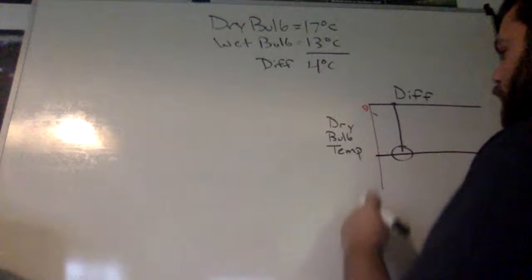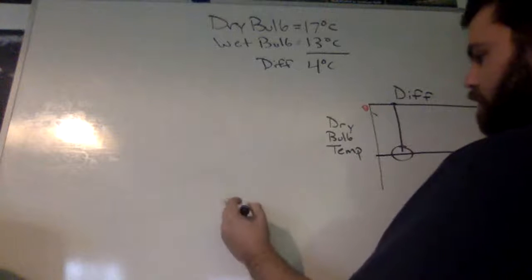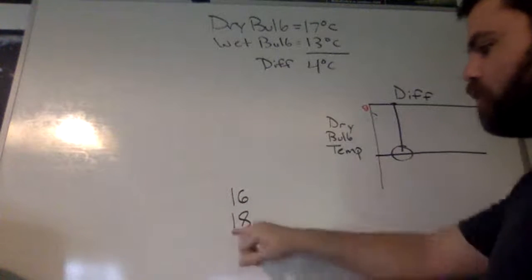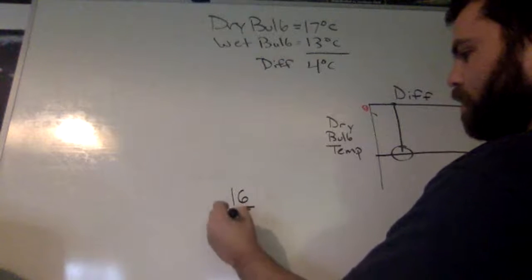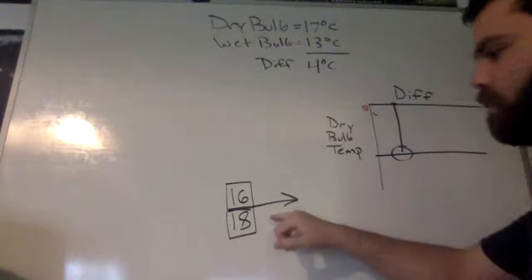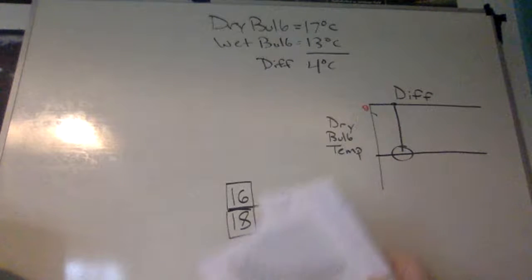So if I put 16 here and 18 here, and that's our chart, I'm going to be looking at both of these, and going across my chart until I hit the difference of 4, okay?